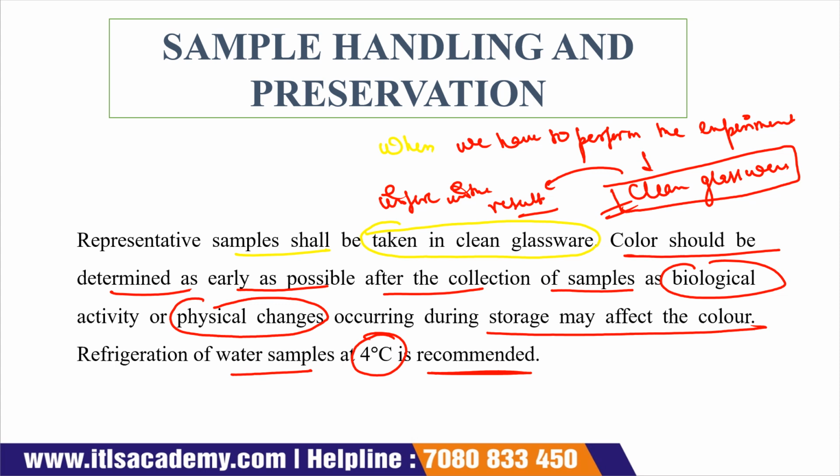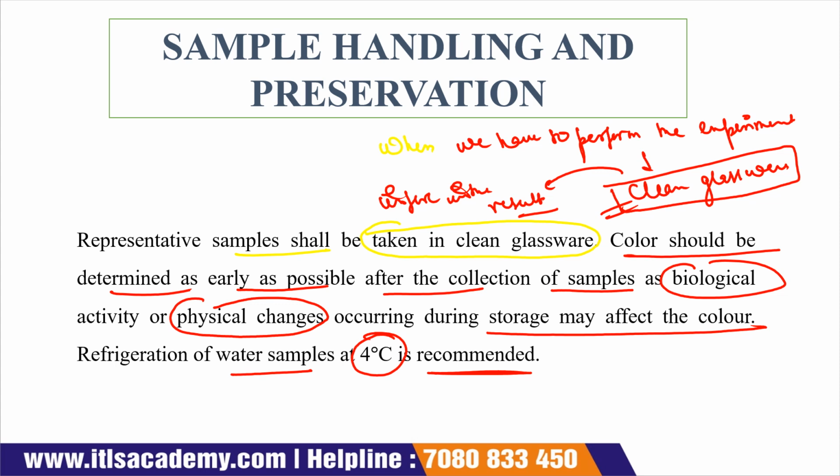So when we have to store the water sample for use after some time, we store it at 4 degrees Celsius. But the first thing recommended is to measure the color as soon as we take in a sample. Otherwise, physical changes occur which may affect the color of the sample.